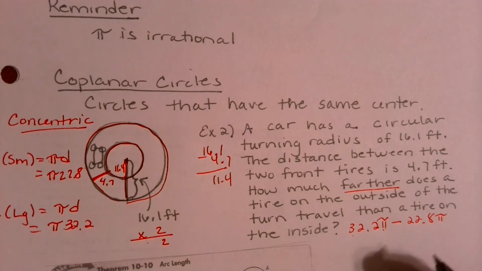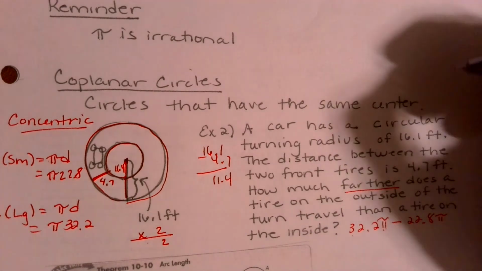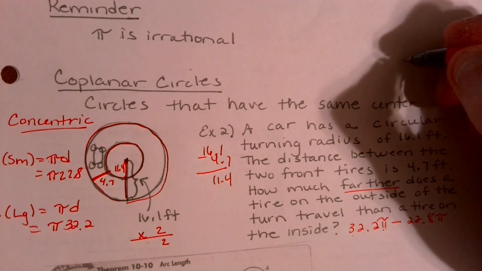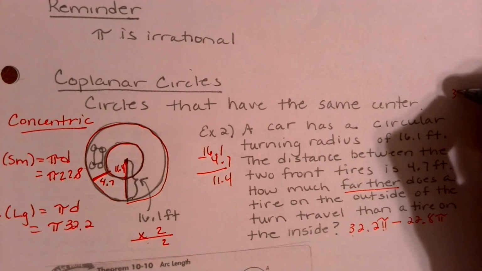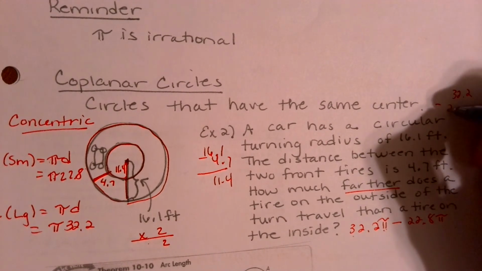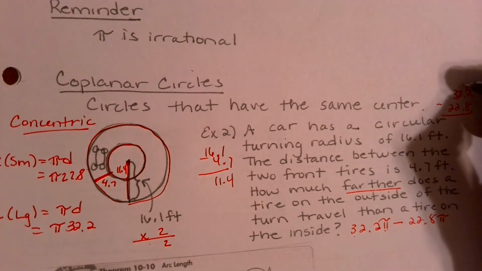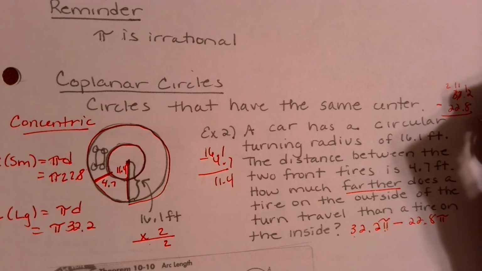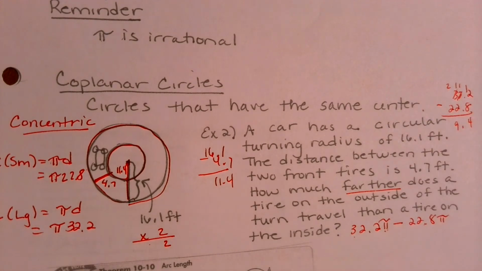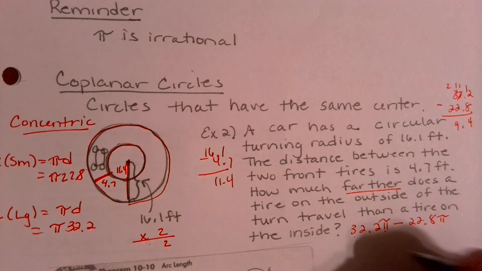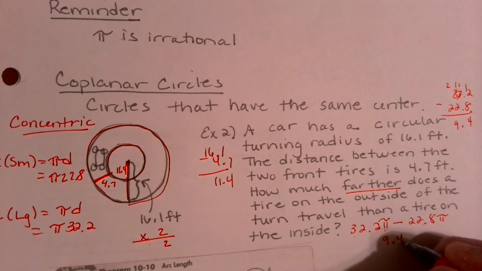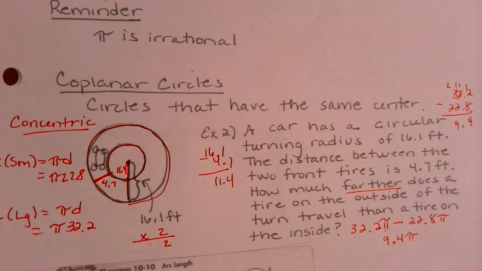And 32.2 minus 22.8 is what? 9.4 pi for my answer.